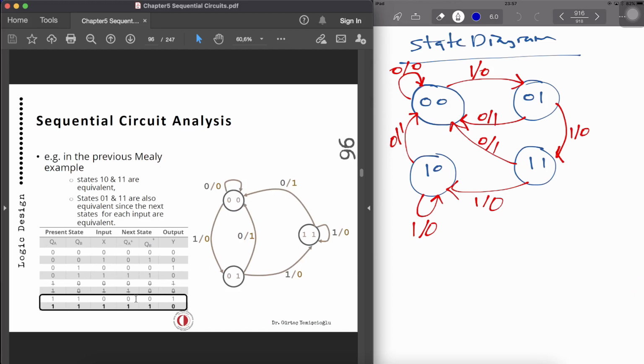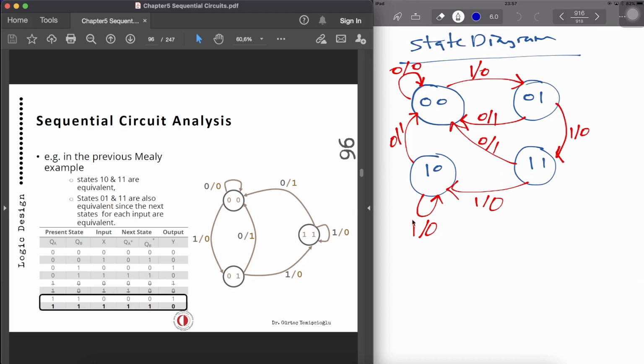So if we get rid of the 1, 0 state, now at this point where we were jumping to 1, 0, we will jump to 1, 1. So 1, 0s are going to be replaced with 1, 1 because 1, 0 is not going to be there anymore. As you can see, our state diagram reduced.